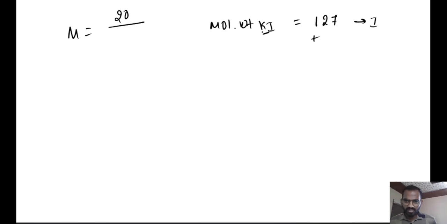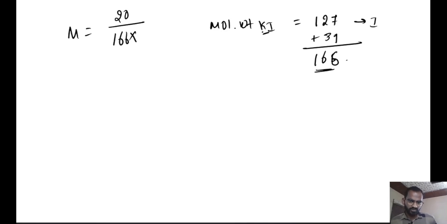And what is potassium's? The atomic number is 19, and the mass is around 39. Yes, it is 39. If I add both, we get approximately 166. This is the molar weight of KI, that is 166.